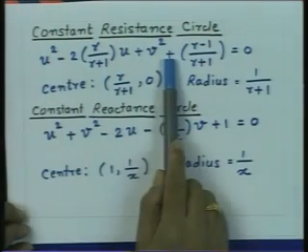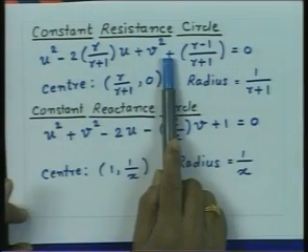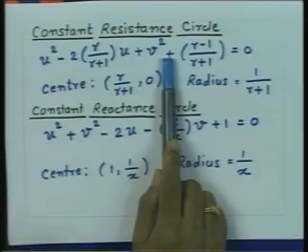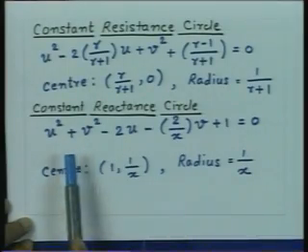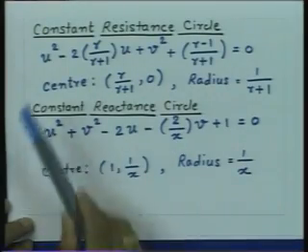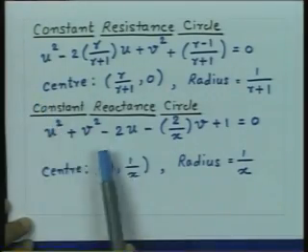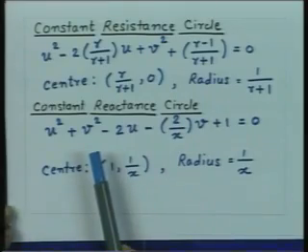So, these circles represent different values of reactances, but all the points lying on this circle have the same resistance value. Similarly, when I go to this circle, it is a locus of points of different resistances, and all of them have the same reactance value. So, these circles are what are called the constant reactance circles.